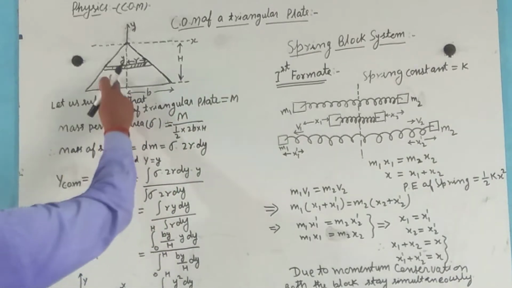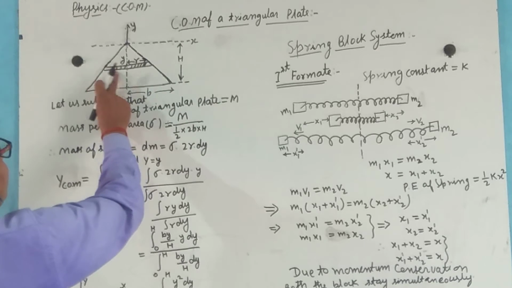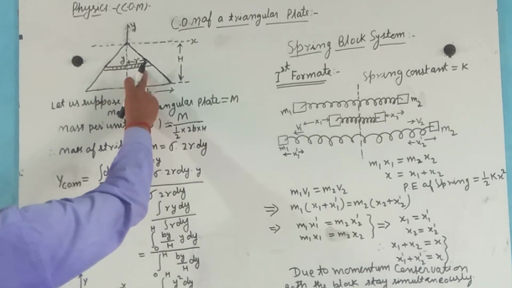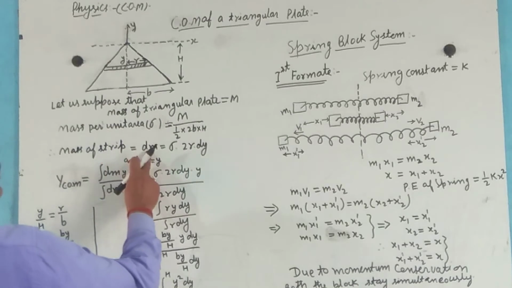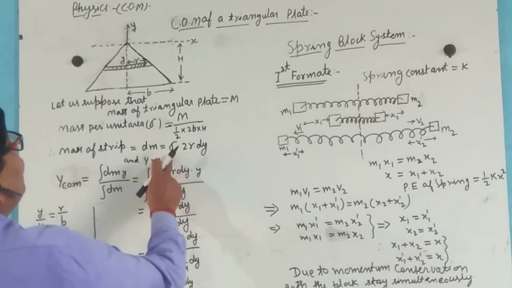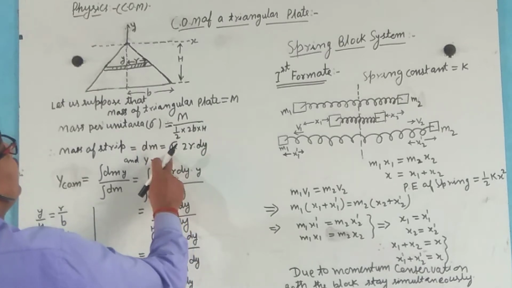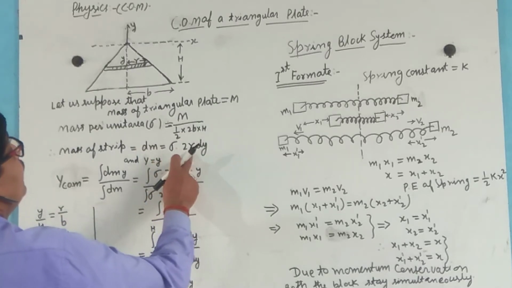Now take a strip. The mass of this strip is dm, equal to sigma, the mass per unit area, multiplied by the area of the strip.